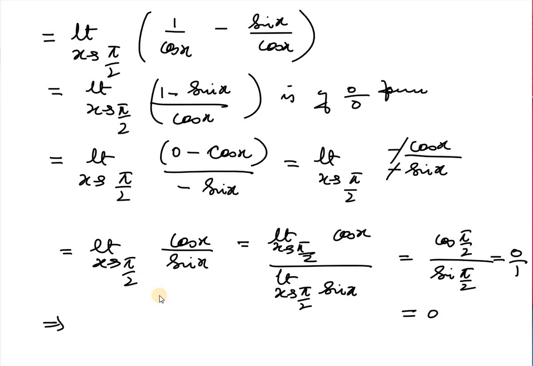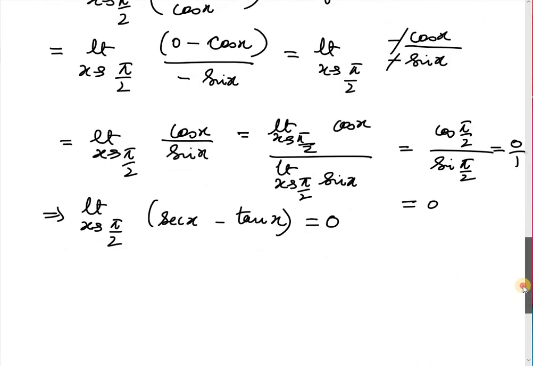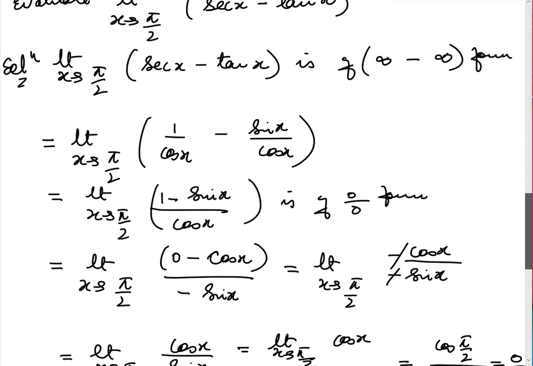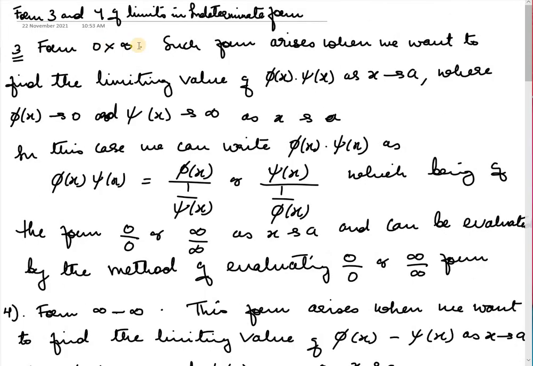So finally, it implies that limit x tends to pi by 2, secant x minus tan x is equal to 0. So hope it is clear now for type 3 and type 4, how to evaluate the limit of this type of function, that is of 0 into infinity form and infinity minus infinity form.